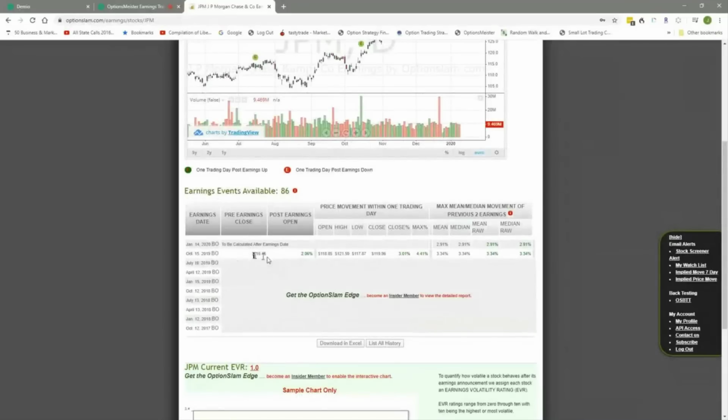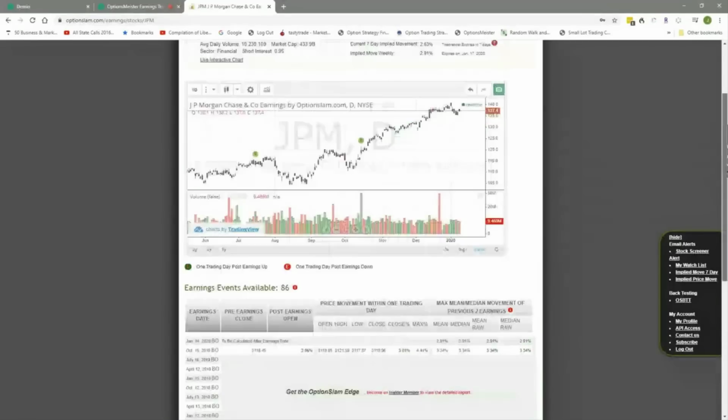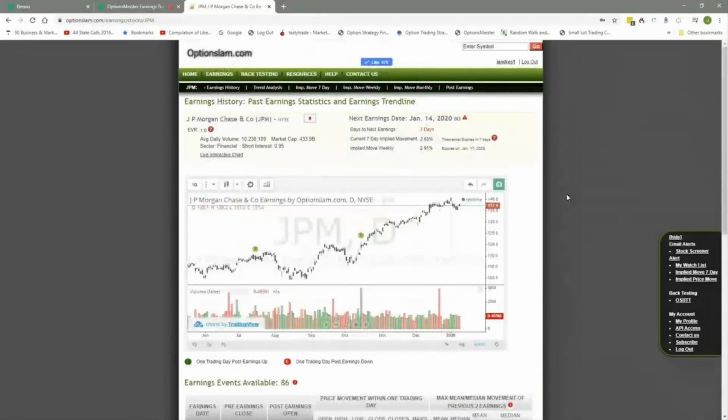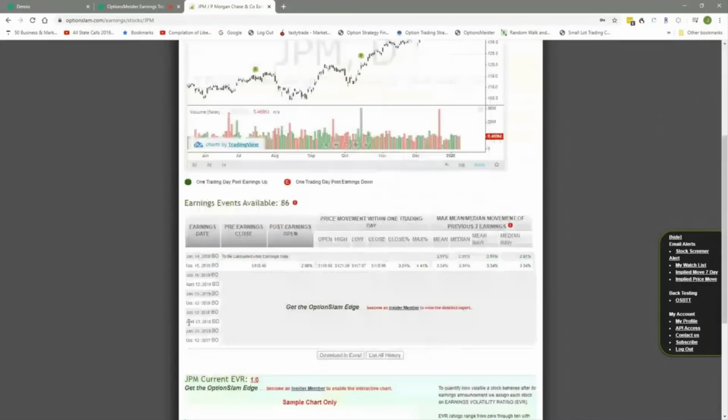It'll show you the October 15th earnings, what happened before, the high, low, close. He uses a metric called EVR. Again, I'm not too interested in what JP Morgan did last time. I know some people look very diligently at the last 8 or 10 earnings and say, okay, they moved about 4.2%, and that's what I'm doing.